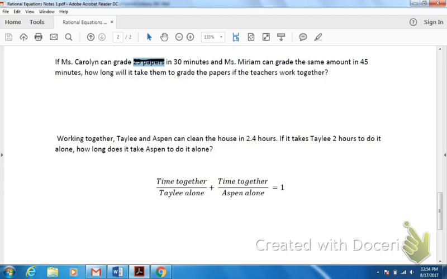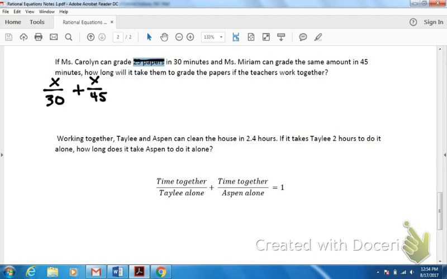We're just back to the same thing. Miss Carolyn's time. So the time together is what we don't know. That's what's on top. I need 30 minutes. Ms. Miriam, it says 45 minutes. Is this the same problem we just did?